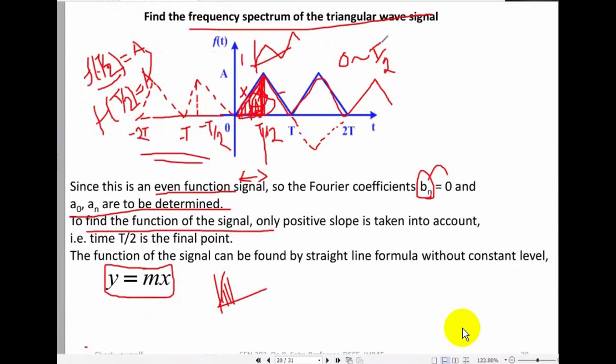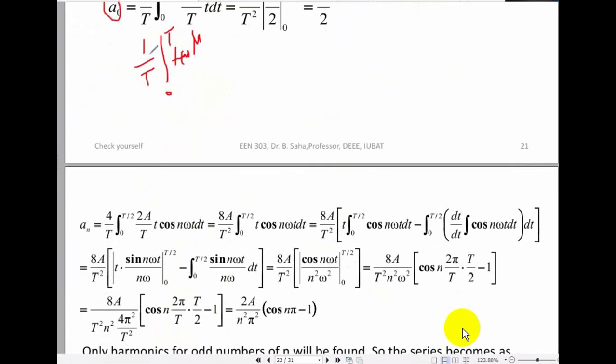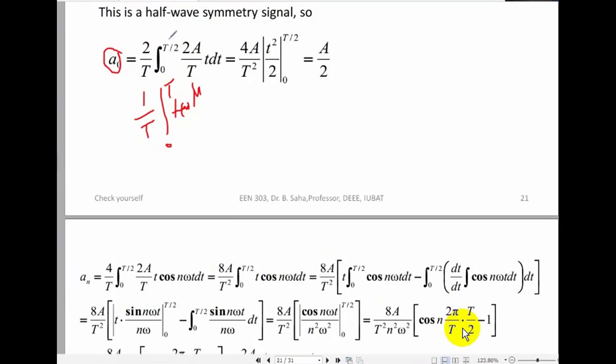So 1 over T by 2 is 2 by T. You have to be very careful here. Then the function 2A by T into t. So after integration, you can find out the value. Okay? We will start.